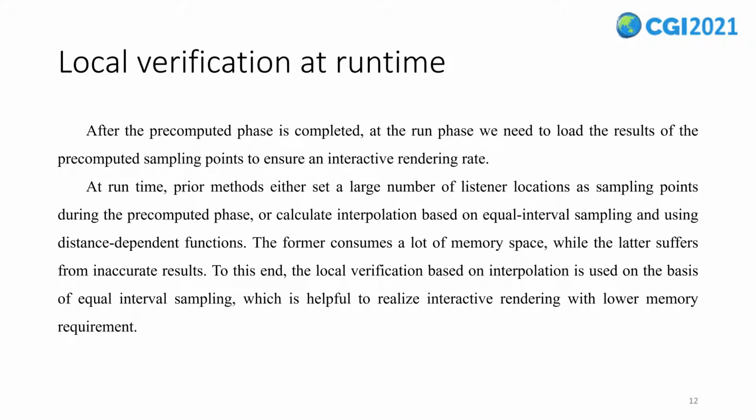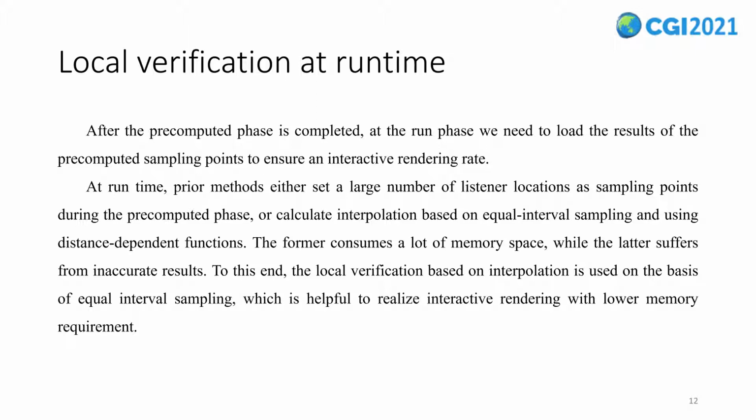After the pre-computed phase is completed, at the run phase we need to load the results of the pre-computed sampling point to ensure an interactive rendering rate. At runtime, prior methods either set a large number of listener locations as sampling points during the pre-computed phase, or calculate interpolation based on equal interval sampling and using distance-dependent functions.